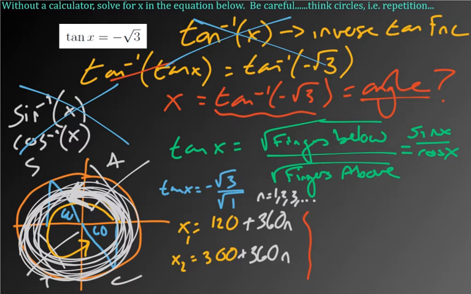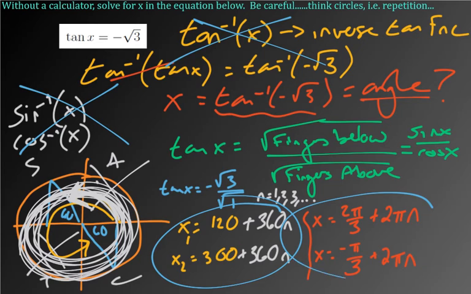But you could also write it in radians. So 120 is 2 pi over 3, and then for that one you would add 2 pi n. Or you could say negative pi over 3, because negative 60, plus 2 pi n. I don't really care how you write it.